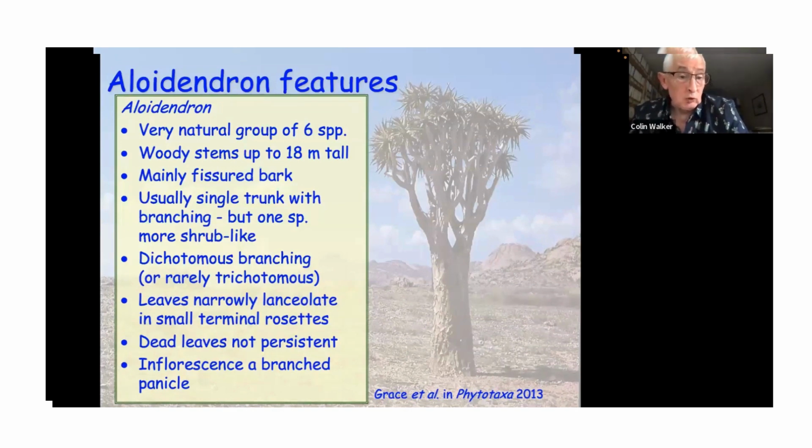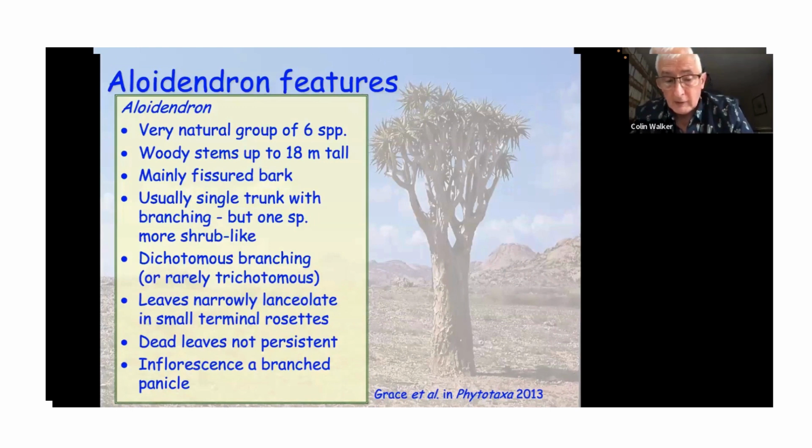There's usually a single trunk, although, as I say, one species, Aloidendron ramosissimum, is more shrub-like. A key feature is dichotomous branching. So when a branch divides, it splits into 2. Back in 1776, Francis Masson observed that with what he called allodichotoma. Rarely, though, they are trichotomously branched.